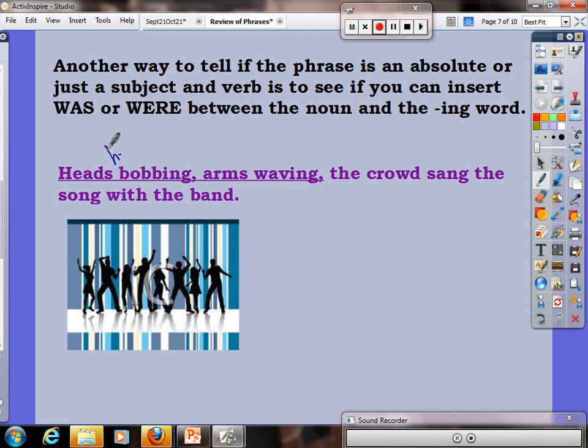Heads were bobbing, arms were waving. So if I can insert those and then take them back out and they're telling you more about the sentence, those are going to be absolute phrases. I've got the ing, nothing has changed there. They both modify the crowd. I can take them all out and the sentence still makes sense.